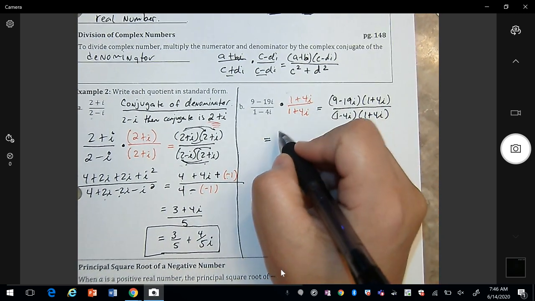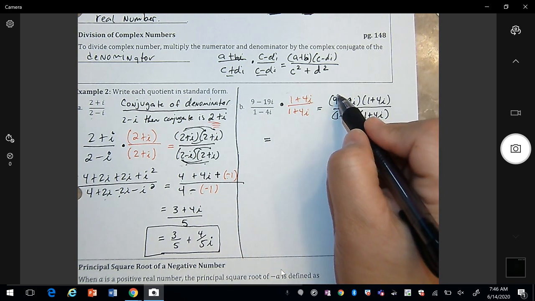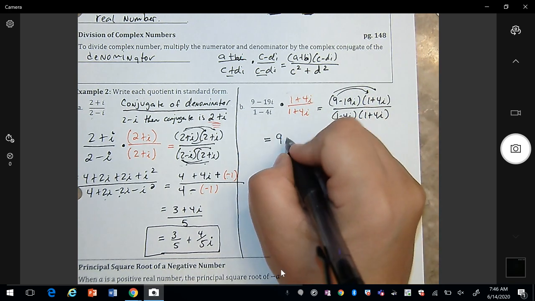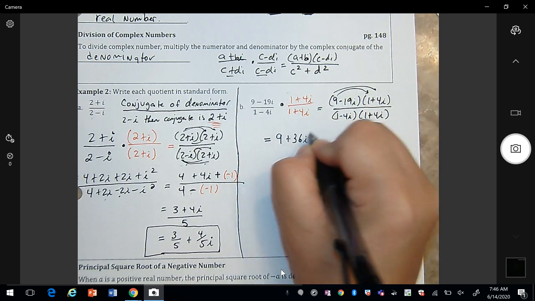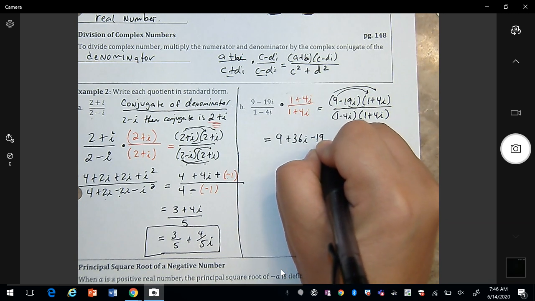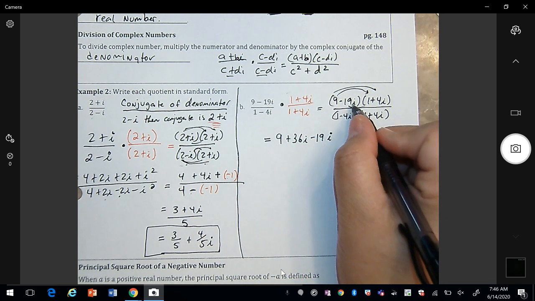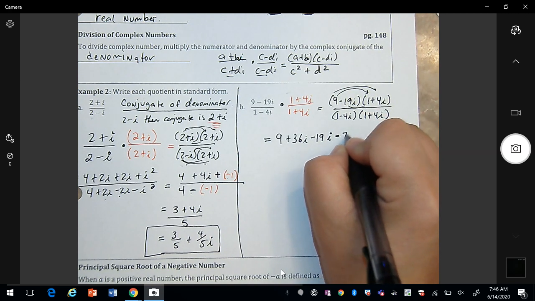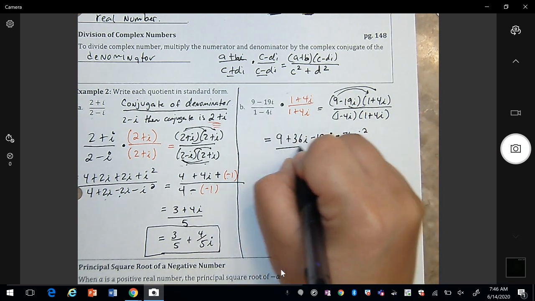If we multiply this out, we have 9 times 1 is 9, 9 times 4i is 36i, negative 19i times 1 is negative 19i, and negative 19i times 4i is negative 76i squared.